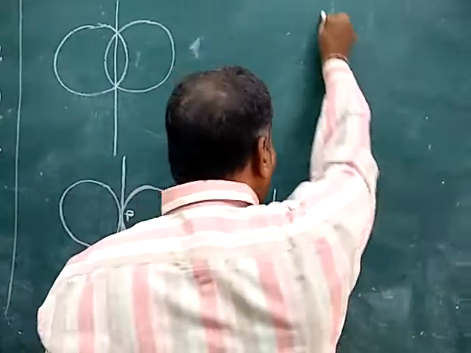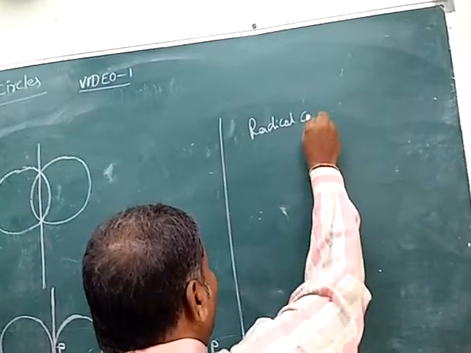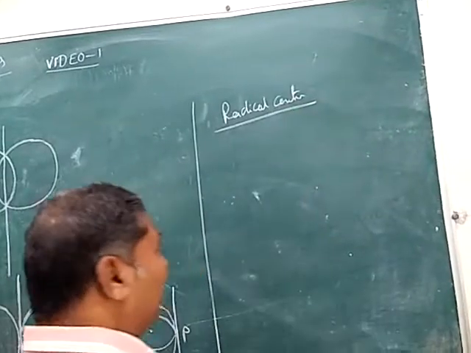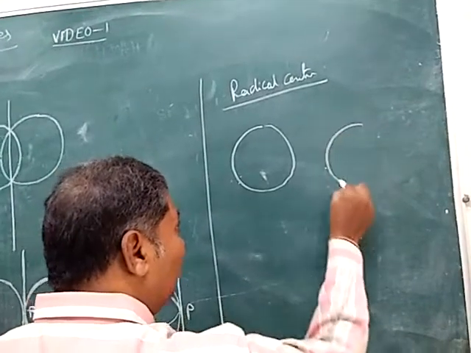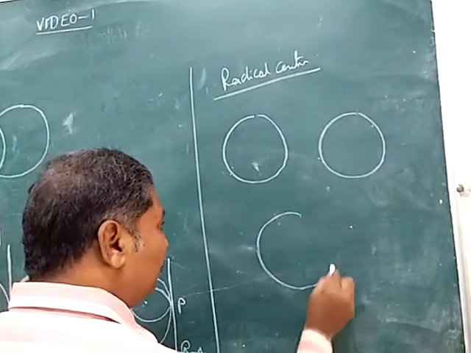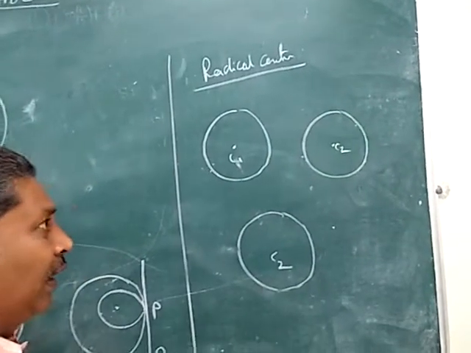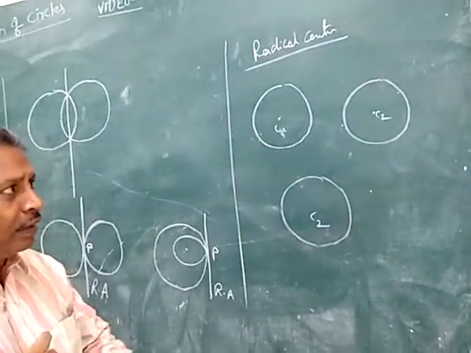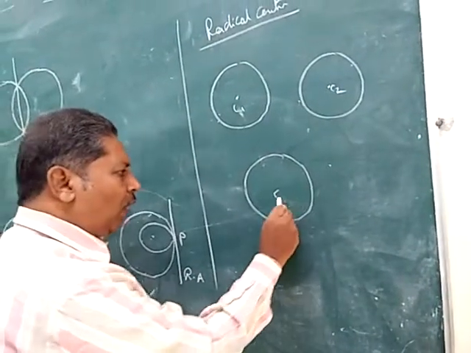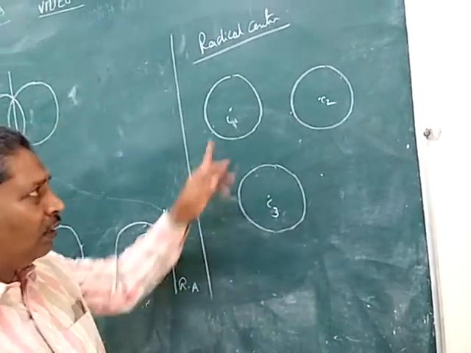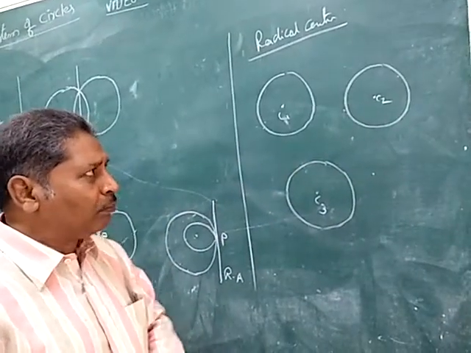Next definition: radical center. Suppose there are three circles whose centers C1, C2, C3 are non-collinear points.